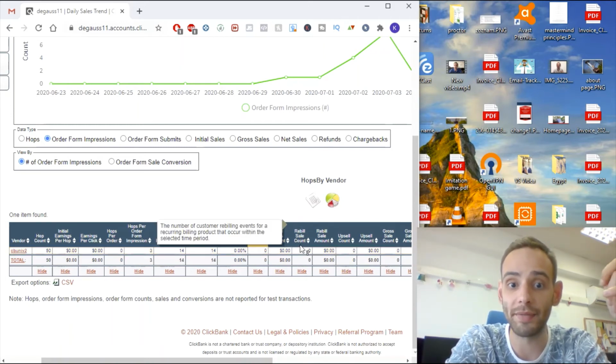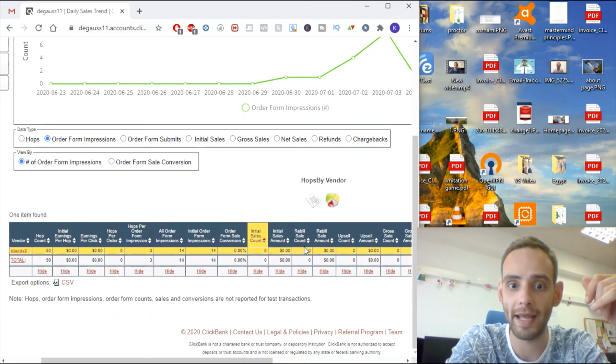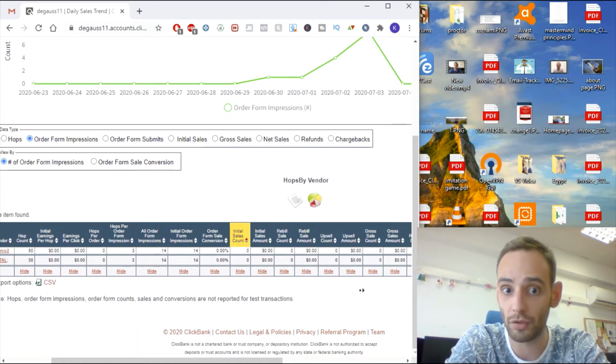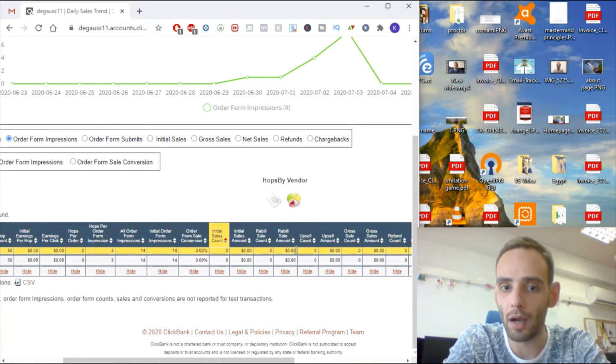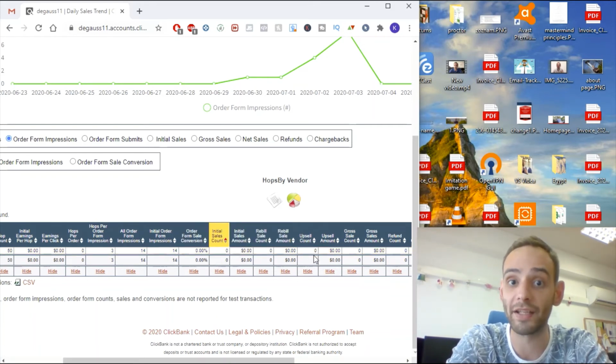So you will see rebill sale count and also rebill sale amount, numbers and dollars, and upsell count, which is very similar, but upsell is the selling of upgrades or some other products.